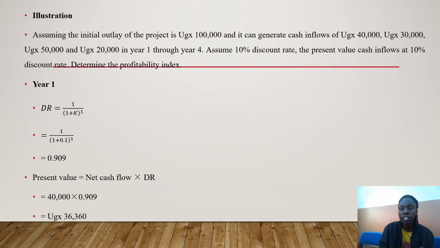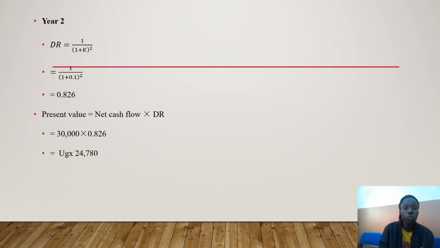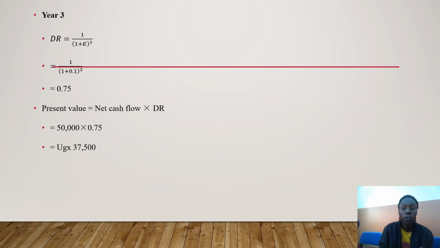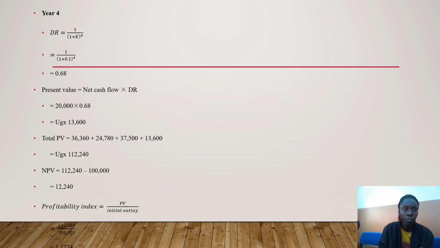We can use the same procedure in year 2, but the only thing that changes is the year, the time t. The time t changes, which makes the powers keep on changing. The procedure continues until you complete all the years, and after completing the 4th year, you get the total present value of all the years.